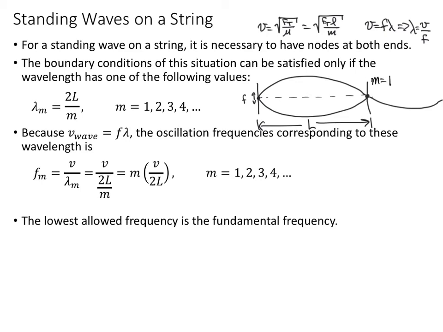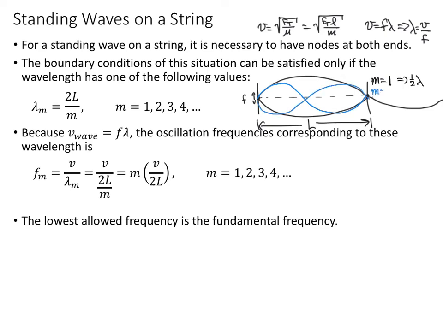So m equals 1 corresponds to a half of a wavelength, which again is speed over frequency. M equals 2 corresponds to one whole wavelength.